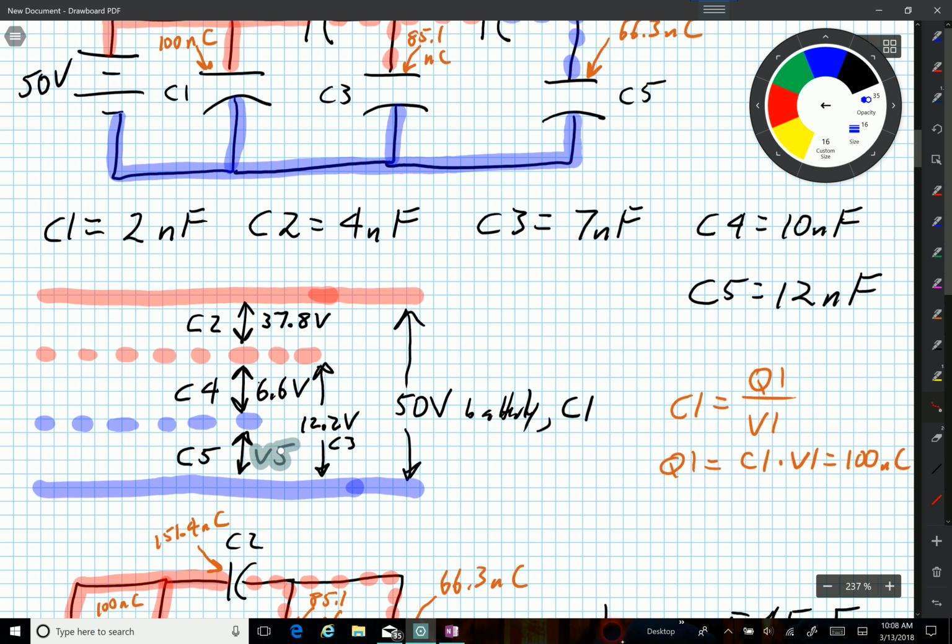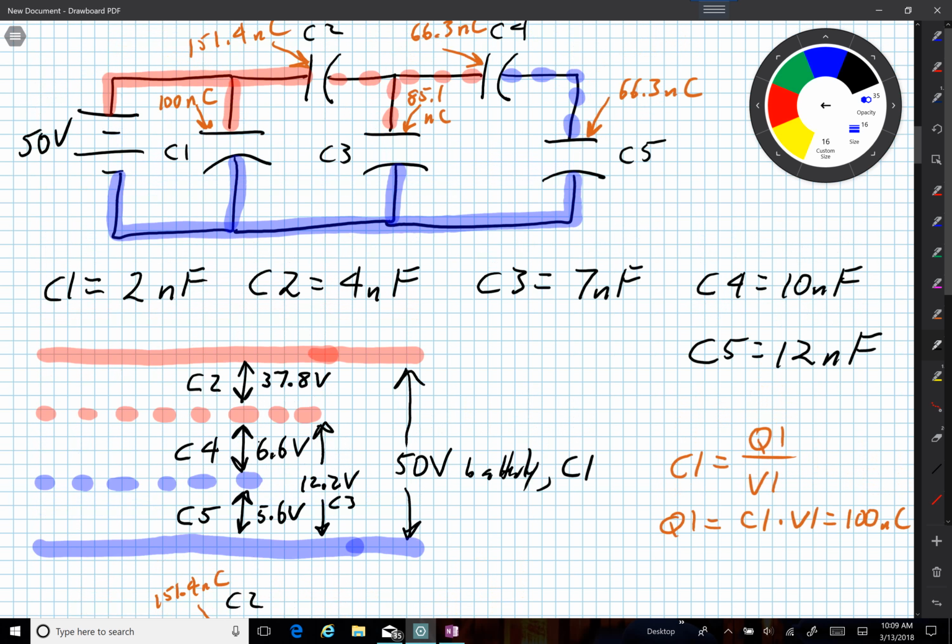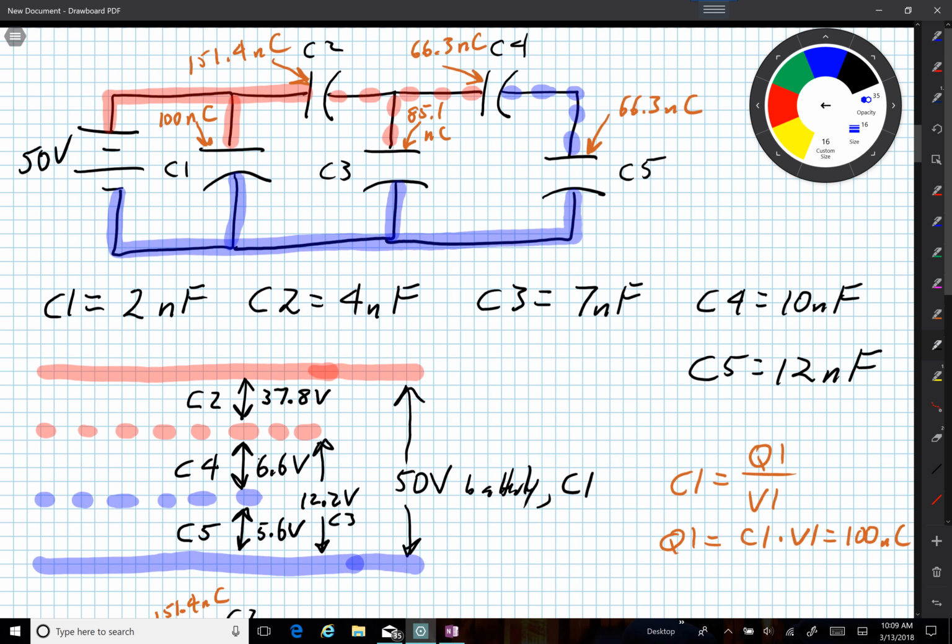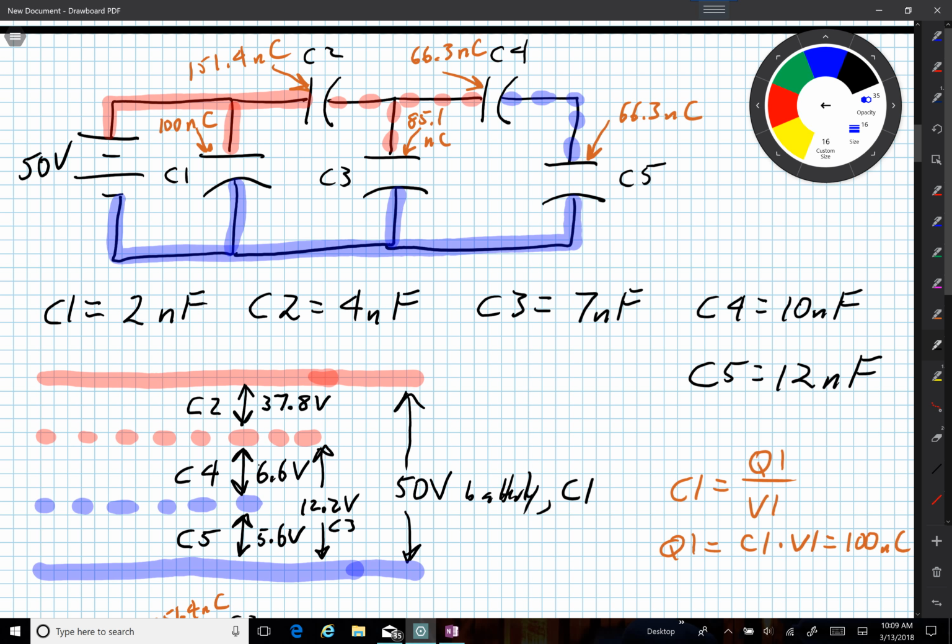So V5 has got to be 5.6 volts, because together they have to add up to 12.2. Right, Kirchhoff's voltage law again. So now I've solved the circuit. I know all the voltages across every component, and I know all the charges on all the capacitors. That's the solution to this problem.